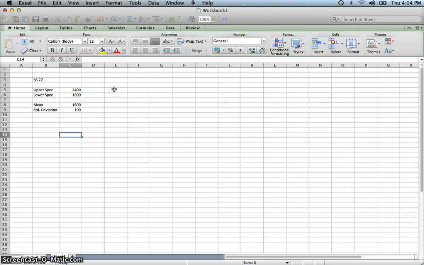For that formula, you simply take the upper specification, subtract the mean, and then divide by three times the standard deviation of our process.